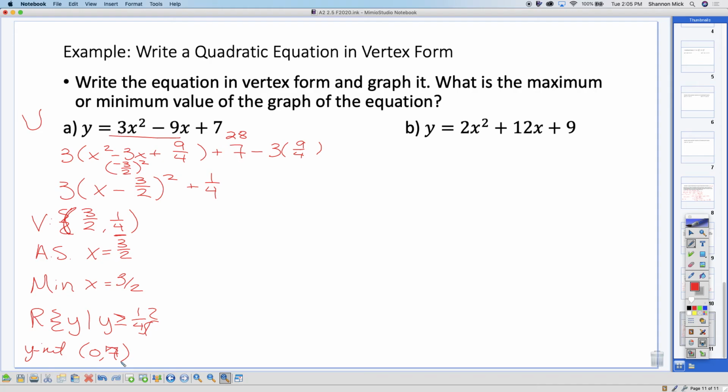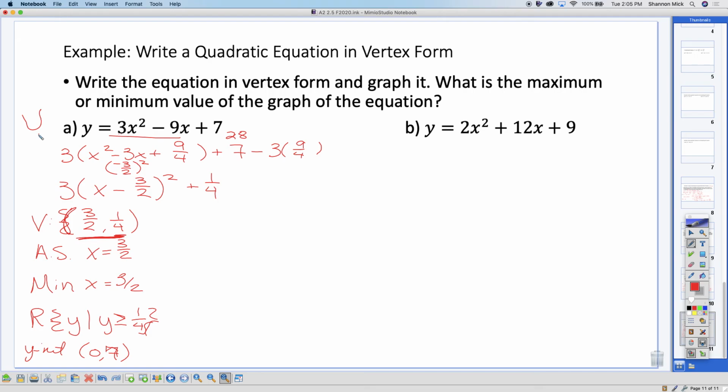Is it going to have an x-intercept? No. So I don't even have to find it. The vertex goes from 0, 0 right 1.5 and up 1/4, and it opens up, so it's not going to have an x-intercept. That's 3 over 2, not 1.5. 3 over 2 is 1.5.